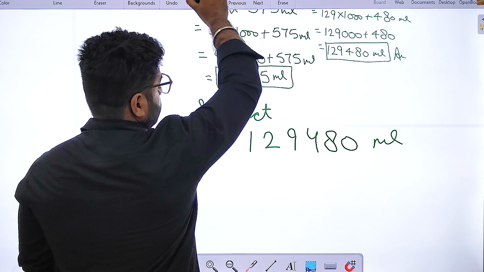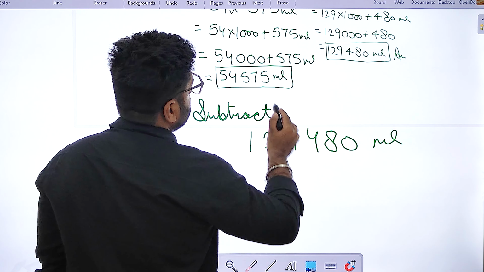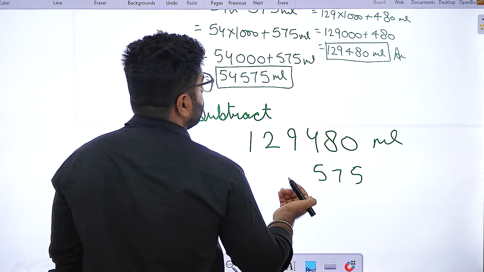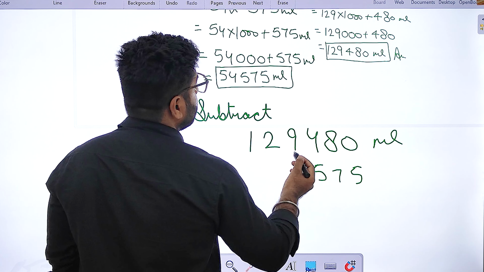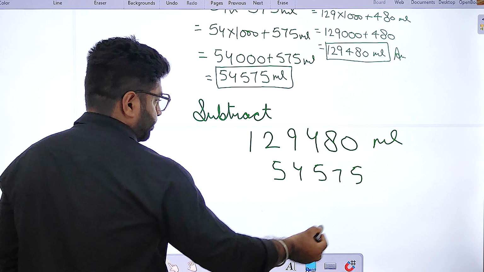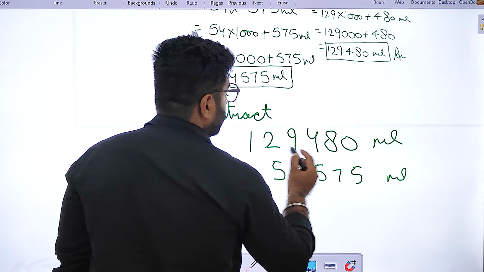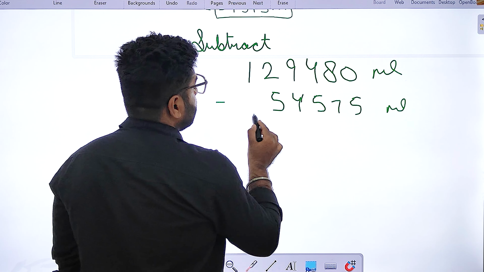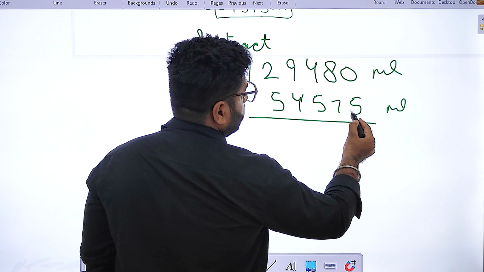So we have to write on the right places. So for writing at the right place, you have to start from the last place, just like 1 says 100, then we are having 1000 and then 10,000. So we are having 1,29,480 milliliter, and here we are having 54,575 milliliter. And here we have to subtract.